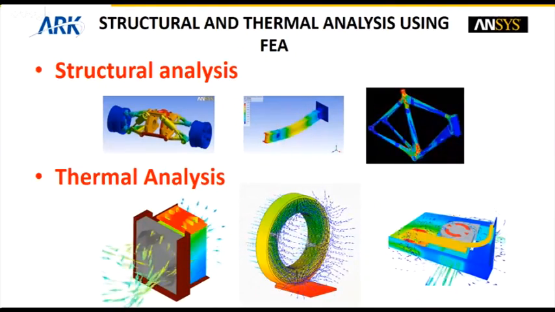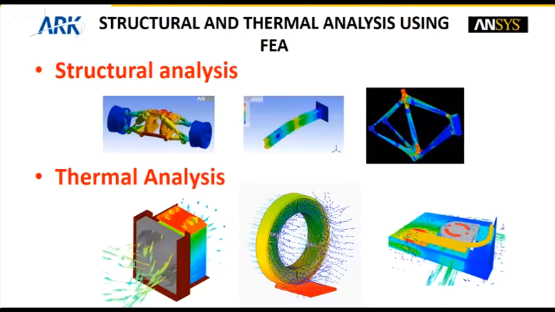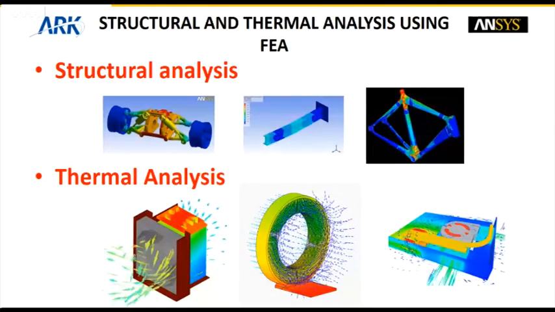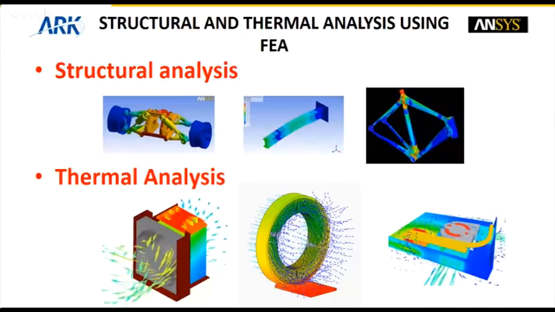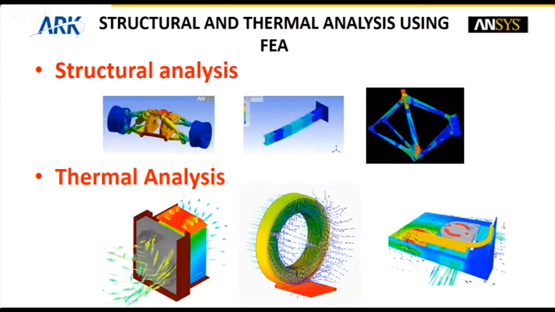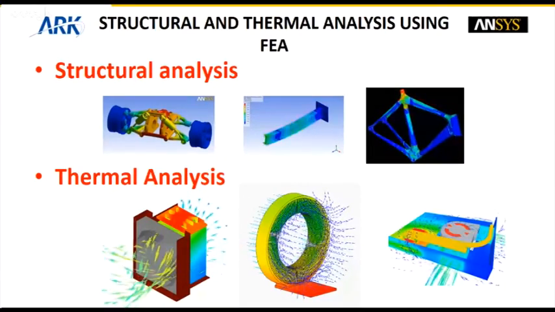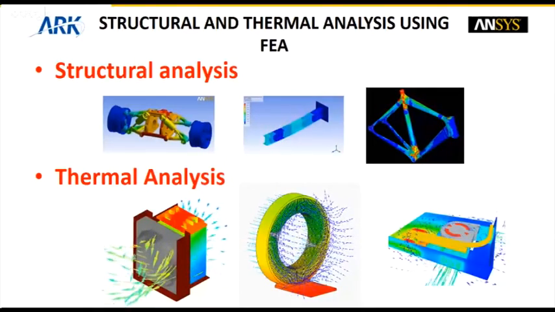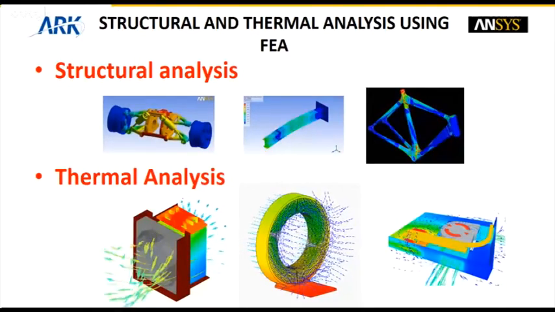You can interpret those results in your software. You might be thinking that only metals can be handled, but ANSYS has a good range of material handling, different engineering material capabilities. It can handle elastic materials, plastic materials, as well as hyperelastic, that is like your rubber materials.